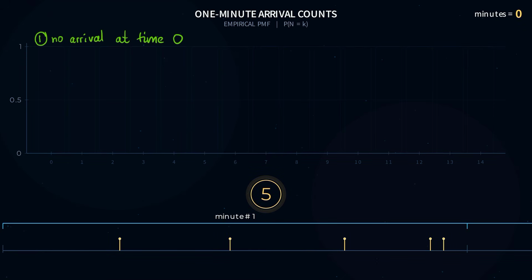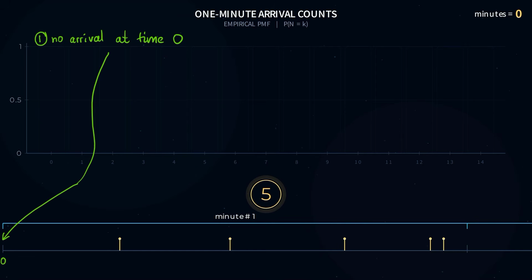The first postulate is trivial in terms of its practical significance, but is a technical necessity, so we need to state it. So we have our time axis down here, and this is time 0 when the process begins. All that this postulate says is there must not be an arrival at exactly time 0.